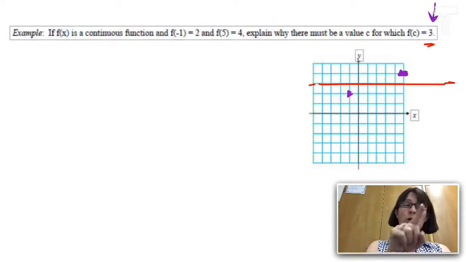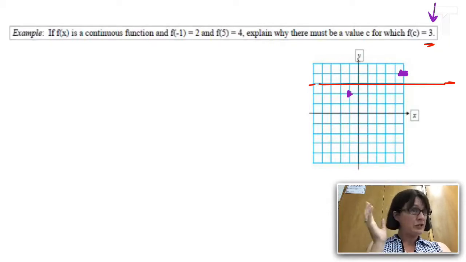They're saying those 2 purple dots are on my function. If I connect those purple points with a continuous function, am I sure it's going to cross or touch the red line? You could try to draw it in, and you'll probably come to the conclusion that yes, there's no way to connect those purple points that doesn't cross the red line. So that's what we want to use the intermediate value theorem to state.